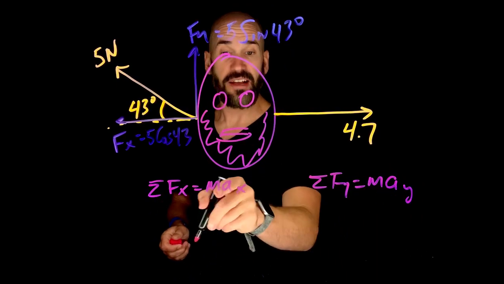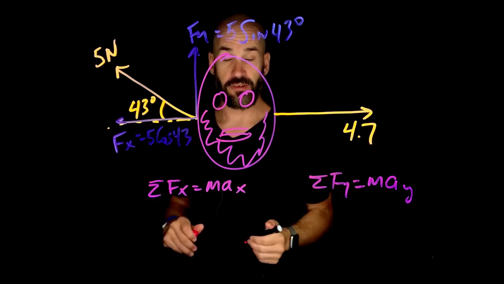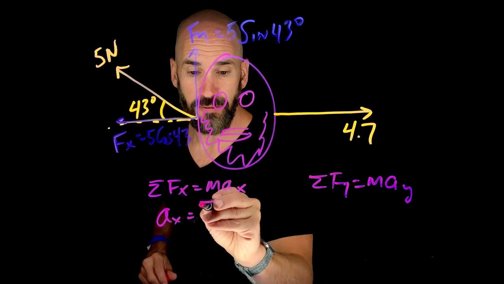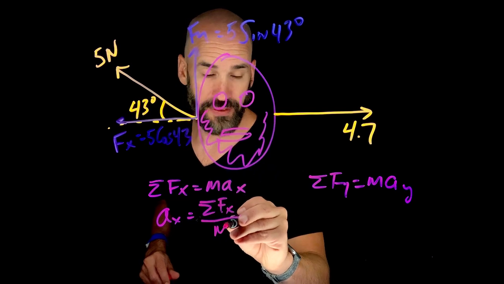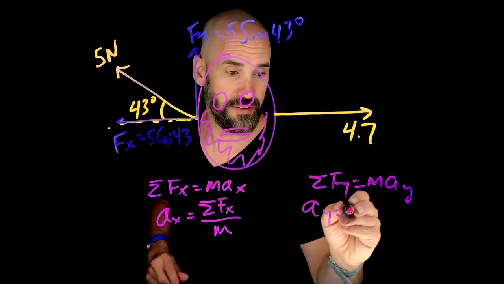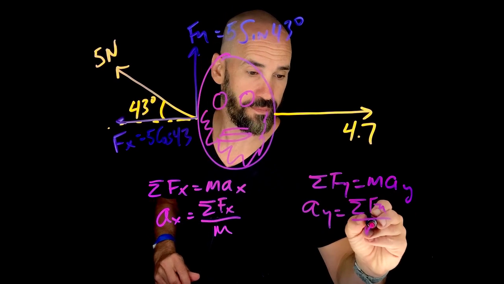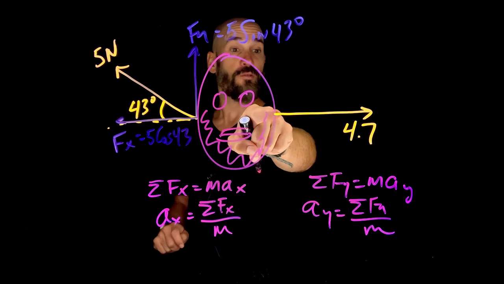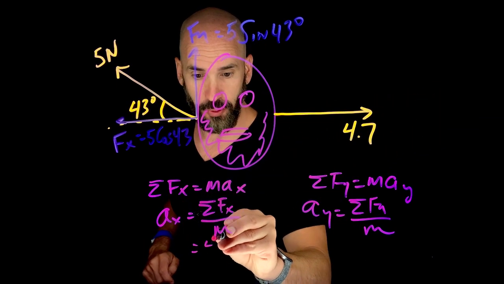I actually want to find a_x and a_y, because I'm trying to find the acceleration of my head. So a_x is just going to be the net force in x over m, and a_y is the sum of the forces in y over m. What's the sum of my forces in the x direction? I have 4.7 going this way, so that's 4.7.